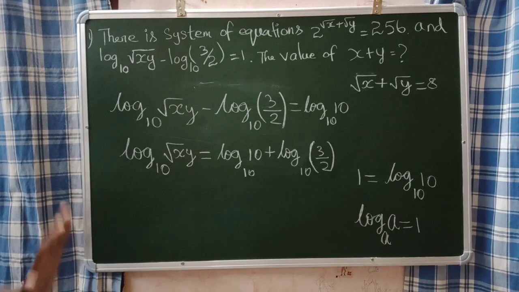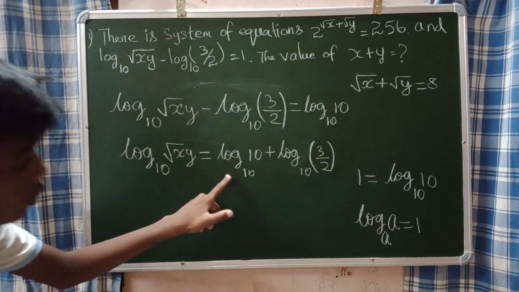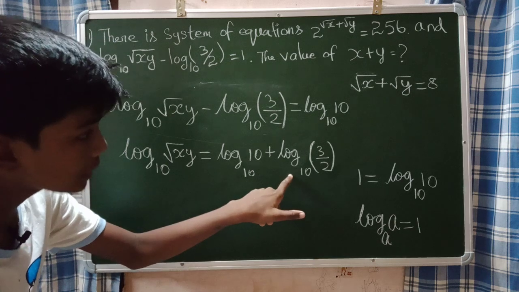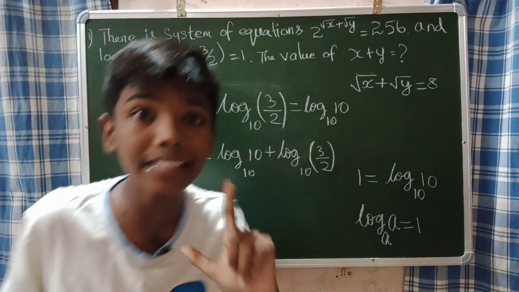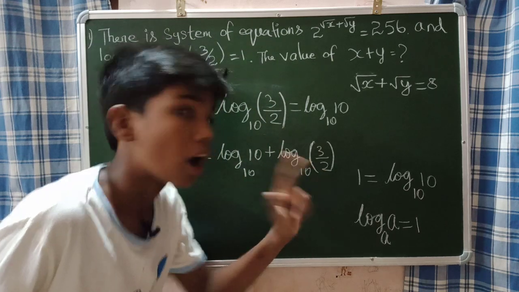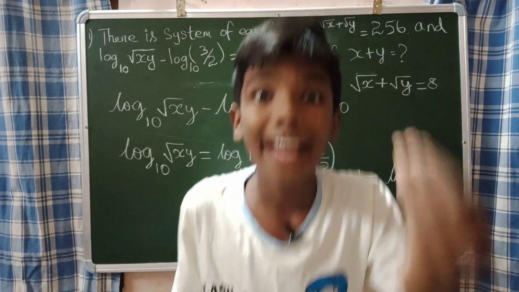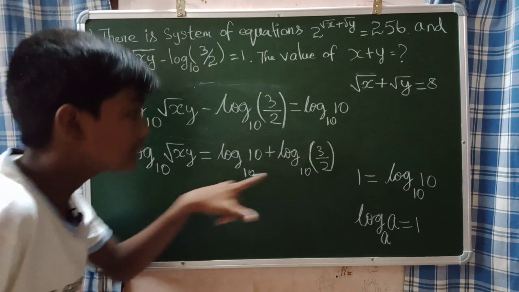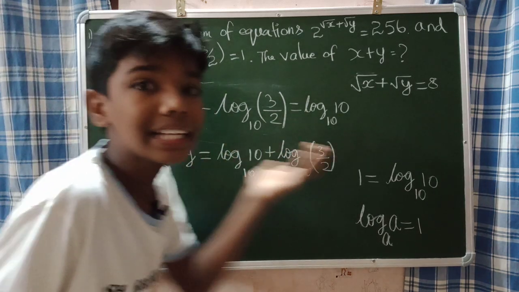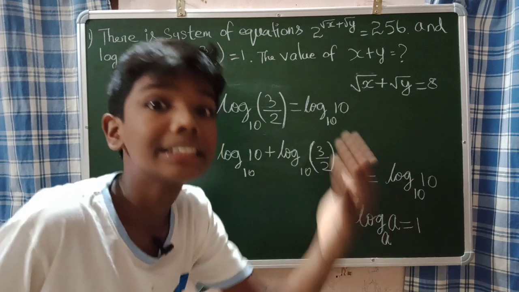Now guys, we know that log to the base 10 of 10 plus log to the base 10 of 3 by 2. Now how can we add these two logs? You can see that the bases are the same. So how do you add the two logs? When the bases are the same, we can add by multiplying the inside values. It is one of the rules in the logarithm.